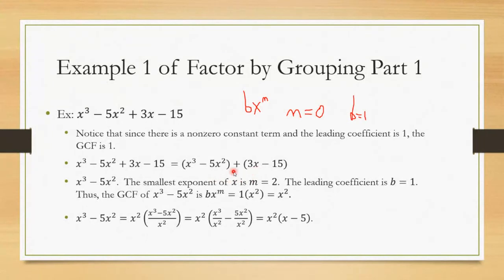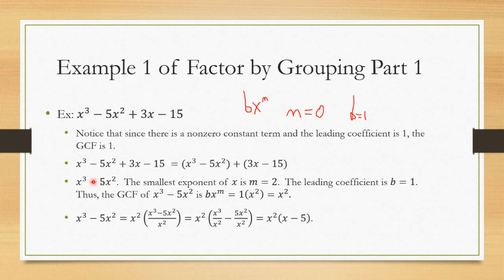Okay. Now, each of these groups we're going to factor individually just by getting GCFs. So from the first group here, notice that the smallest exponent of x is 2. So in the GCF, our m will be 2. We have a coefficient of 1.